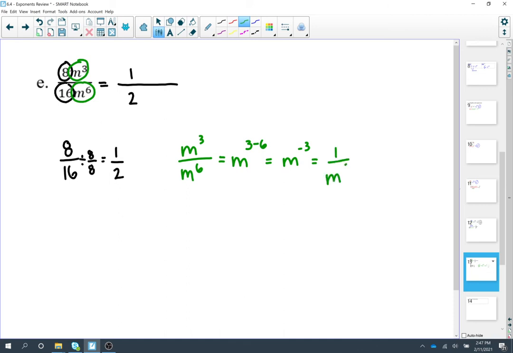So it's really 1 over m to the third, which means when I bring it back up here to put it in my answer, I already have a 1 in the numerator, so I would just need my m cubed. So ultimately, if we're going to make that look pretty, 1 over 2m cubed.